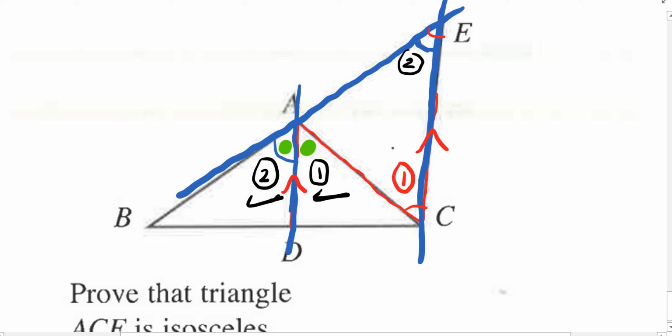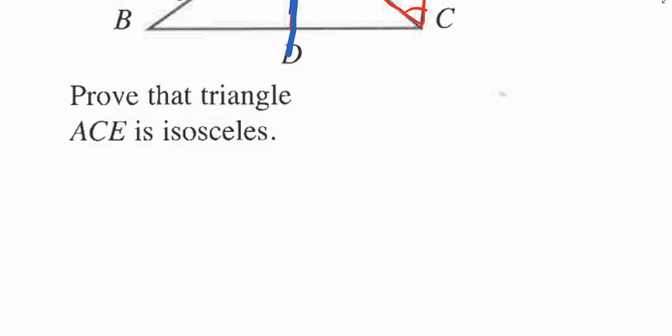Then by comparison, these two will be equal, and then because C and E are equal, triangle ACE is going to be an isosceles triangle. So I will start writing the proof, and after that you can check again what I wrote so that you understand the exercise more and more.